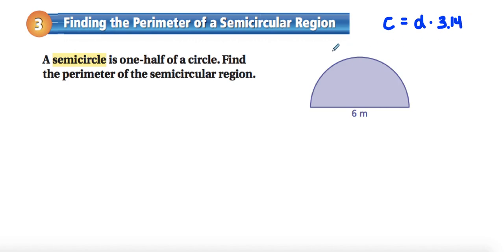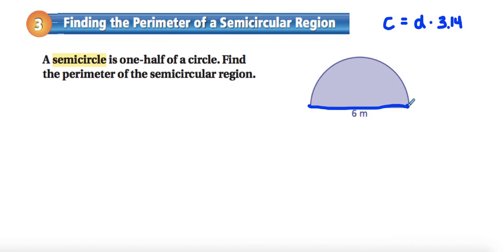Okay, so I'm given my semicircle, and I also see that I have a diameter of 6 meters. This is my length from one point on my circle all the way to another point on my circle.